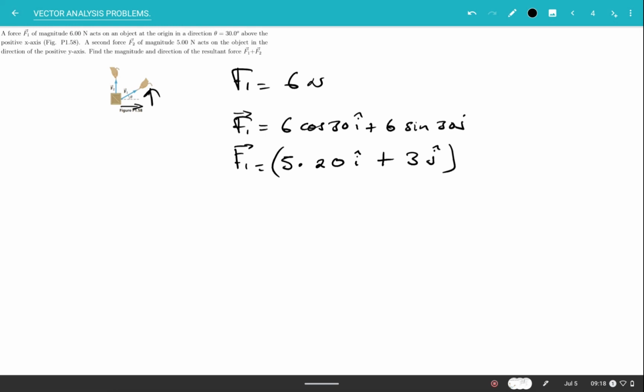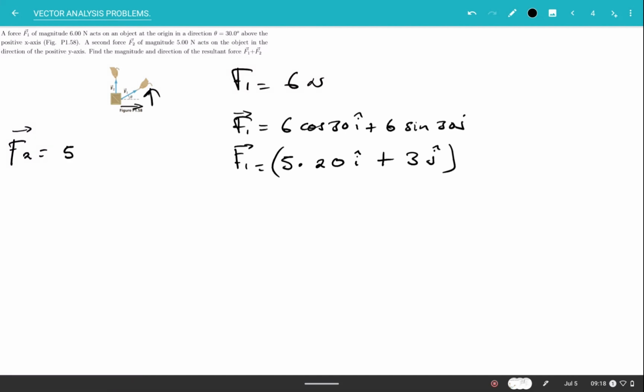Then we find the components for F2. A second force F2 of magnitude 5 acts on an object in the positive y. So we're only having the j component. So for F2, we're only having the j component, which is 5.